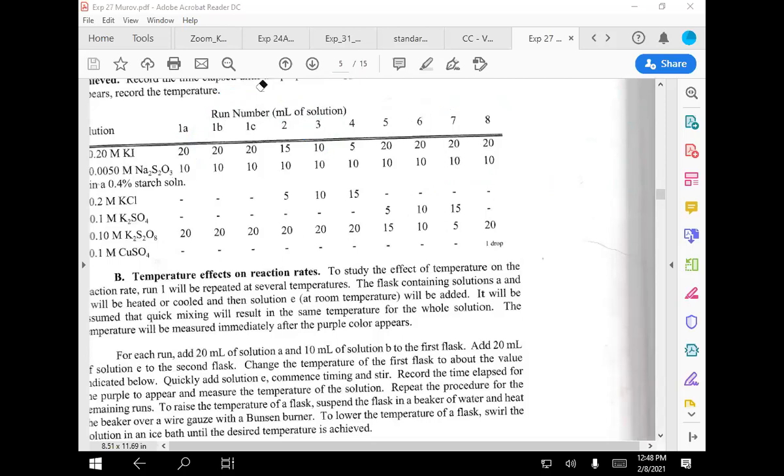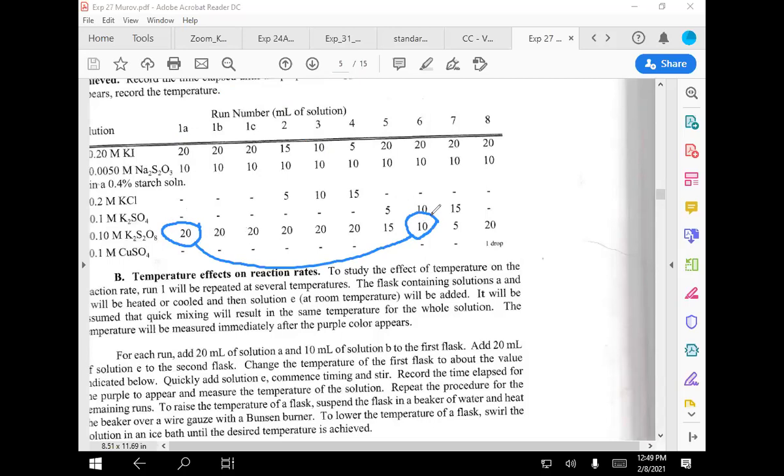And then if we look at, let's see, okay, so this is 20. Ah, here we go, same idea. We could compare test tube 1A with test tube 6, or beaker 6.